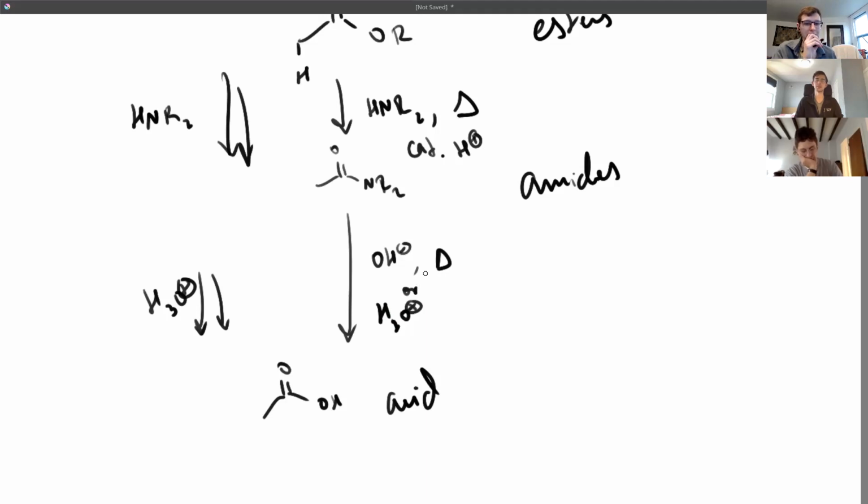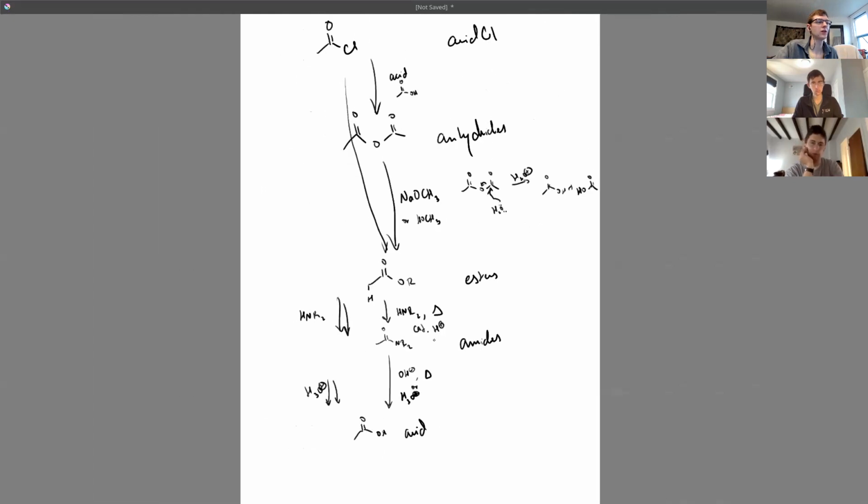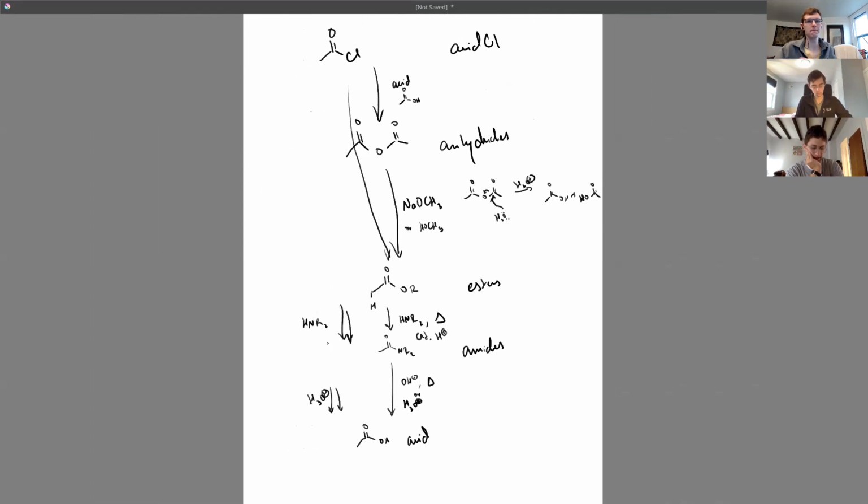That's true too, yeah. So either one of these will work. Cool. This is our whole chart. Sorry, if you threw H3O+ and heat at any one of these, would it make a carboxylic acid? Yes. Oh, okay. Yeah, you should.